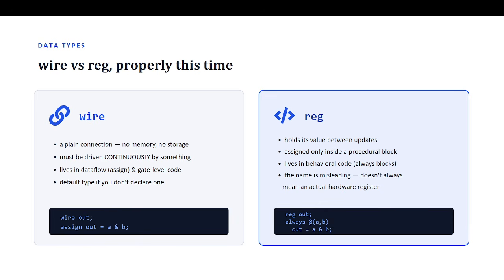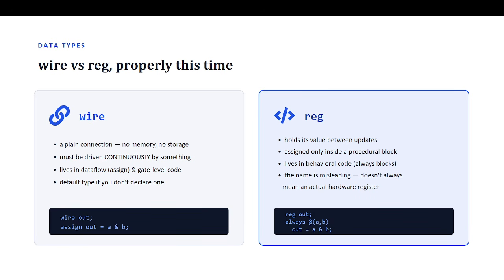Now here is a point that trips up almost every student in this course at some stage, so listen carefully. The keyword reg does not necessarily mean that synthesis will produce an actual hardware flip-flop or register. The name is frankly a little misleading.